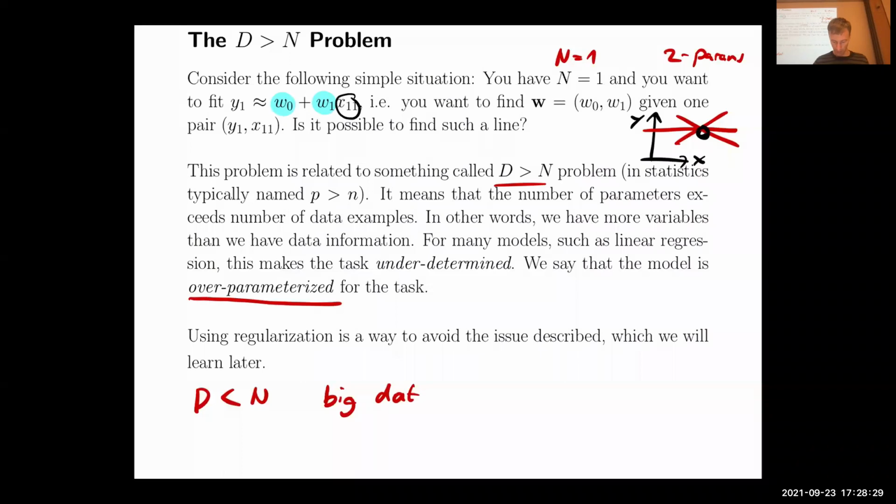Again, it's not a problem, it's just a scenario. In the opposite regime you have many more data points than you have features D. That is also very realistic, no matter if you use neural networks or not. That happens very often if you have a gigantic data set.